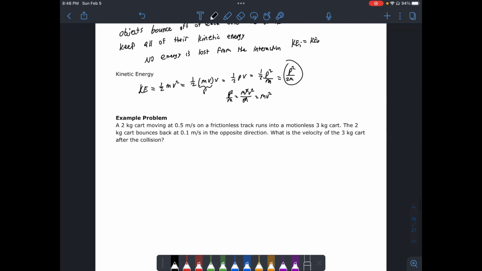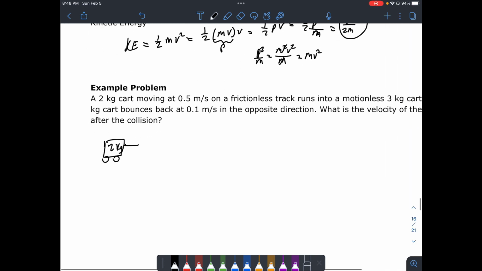So let's do an example with an elastic collision. We have a 2 kilogram cart moving at a speed of 0.5 meters per second on a frictionless track, and that means that there's no outside forces.